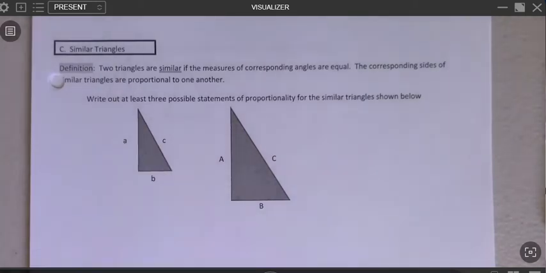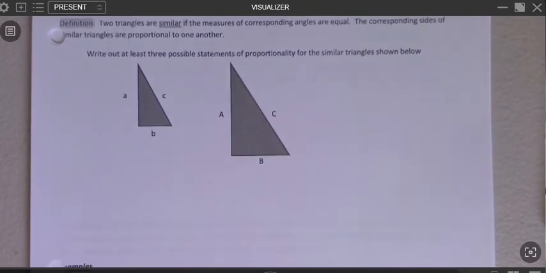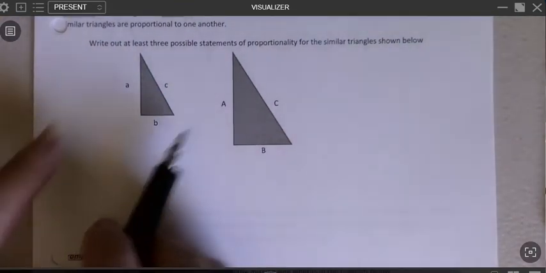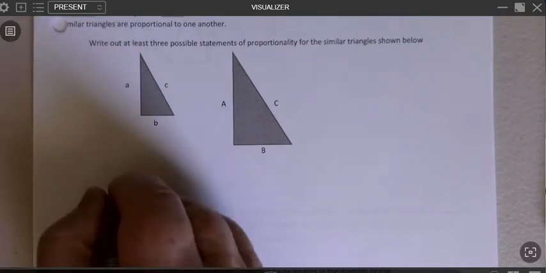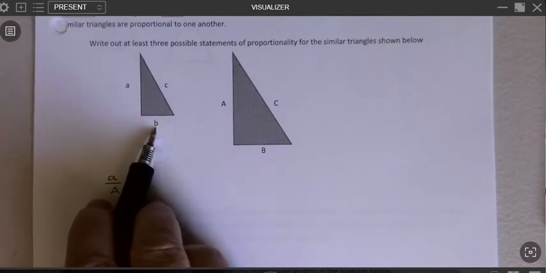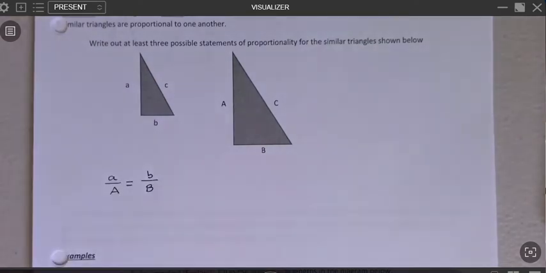If you have similar triangles, the ratios of the corresponding sides are equal. And that means that I can write some proportionality statements. It says write 3 of them. Basically what that means is I can say that whatever the ratio of little a to big A is, that same ratio applies to little b over big B. Those fractions are equal, and we call that statement a proportion.